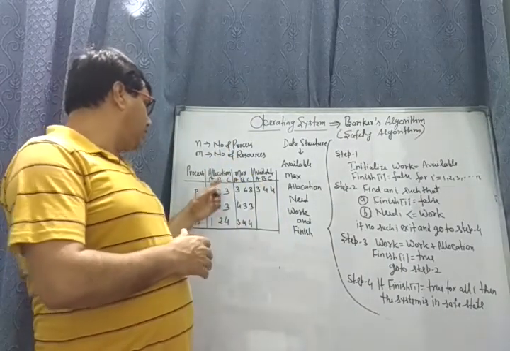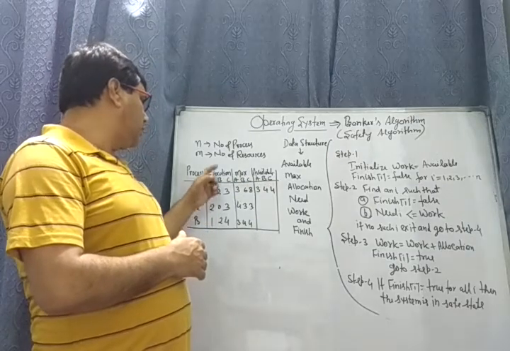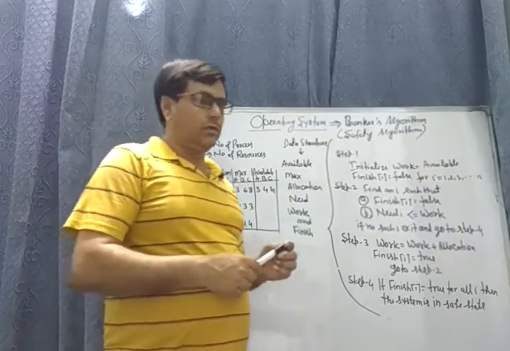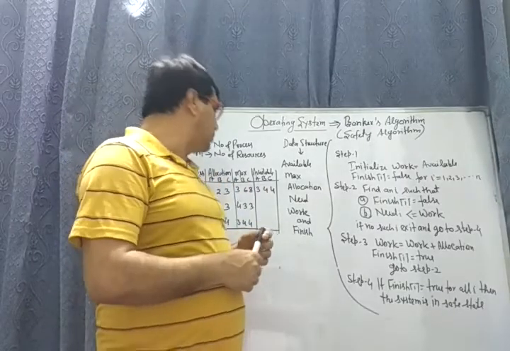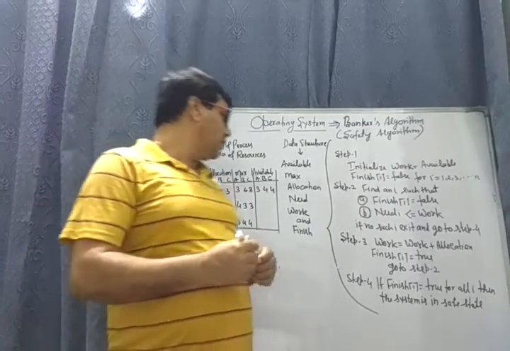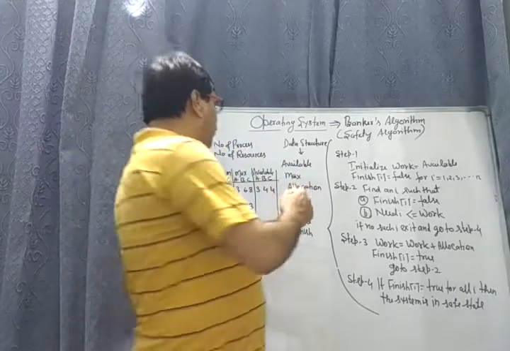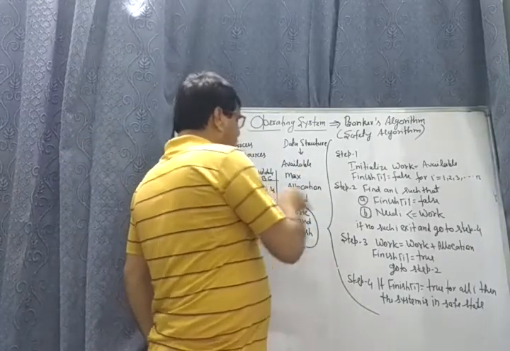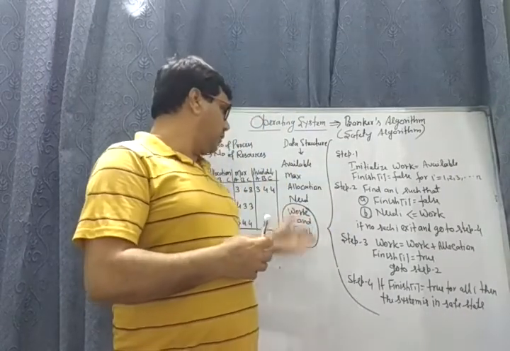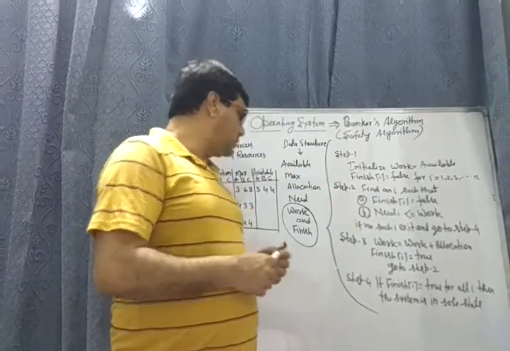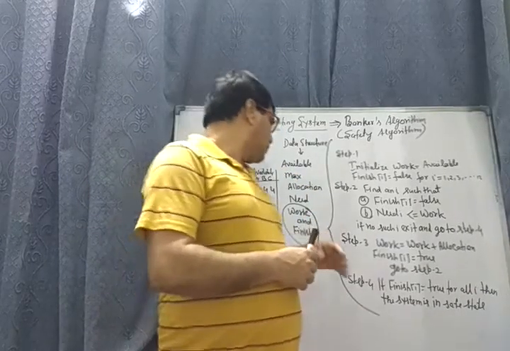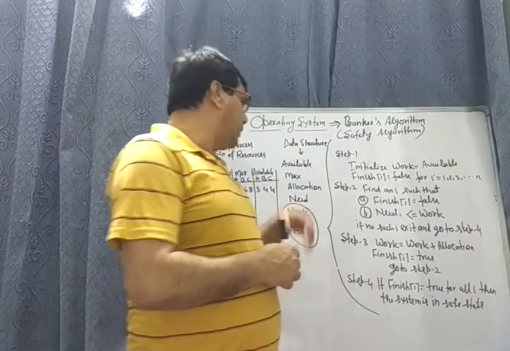Look here, process P1 has 2, 2 and 3 instances of resources A, B, C. Similarly for processes P2 and P3. And now look here, Work and Finish. These are temporary variables used in the algorithm, and these two variables are single dimension arrays.